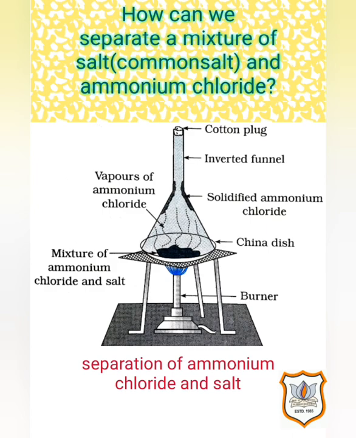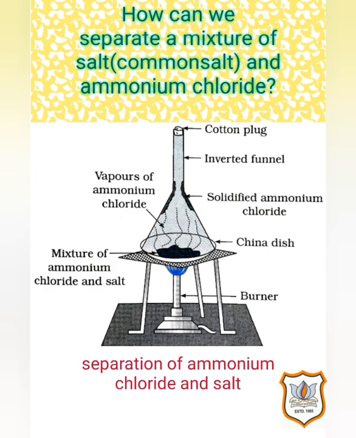So let us discuss the sublimation method to separate ammonium chloride and salt. Here in the diagram, we are observing that there is a china dish in which we have taken a mixture of ammonium chloride and salt, and an inverted funnel is put up on the china dish, and a cotton plug is applied on the mouth of the inverted funnel.